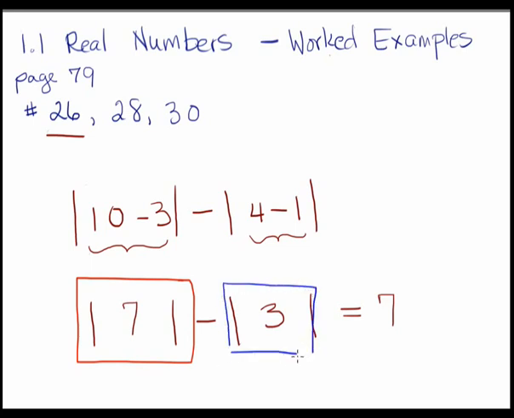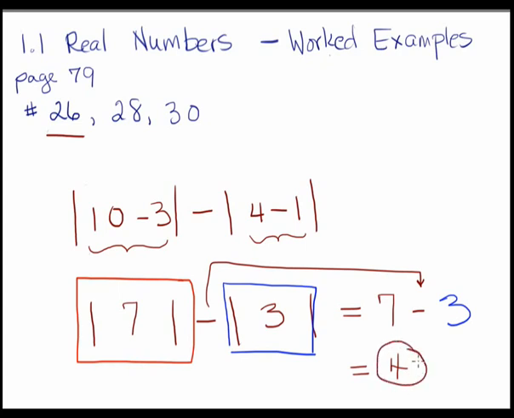The number 3 is 3 units away from 0 on the number line. So the absolute value of 3 is 3. What I'm asked to do is to subtract these numbers, one from the other. Finally, I can subtract the 3 from the 7. My answer is 4.